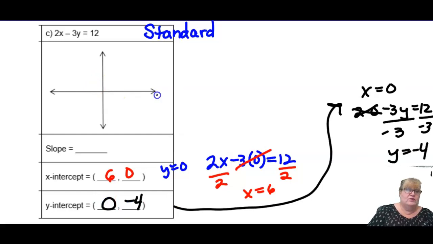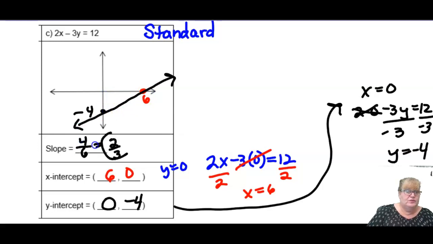So if I said over 6 and up 0, and over 0 and down 4, I'm thinking we could eyeball the slope because the rise for that went up 4 and the run went over 6. So we went up a +4 and to the right a +6.